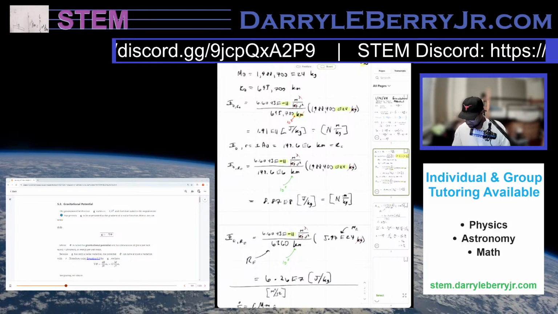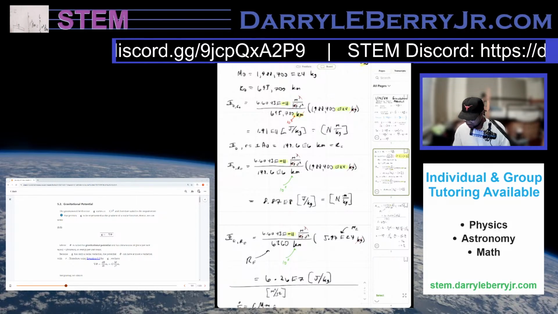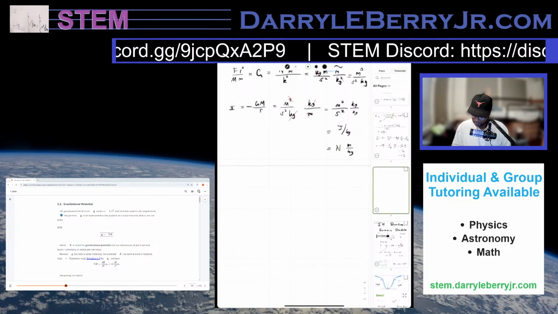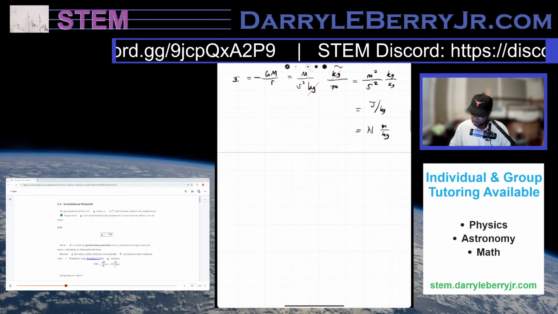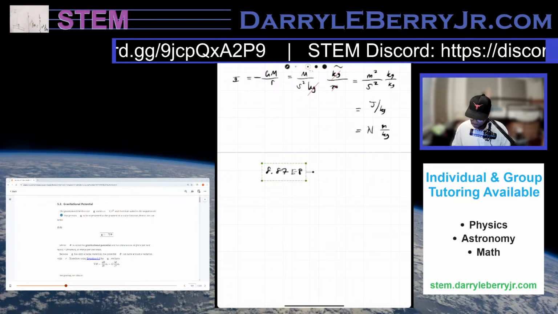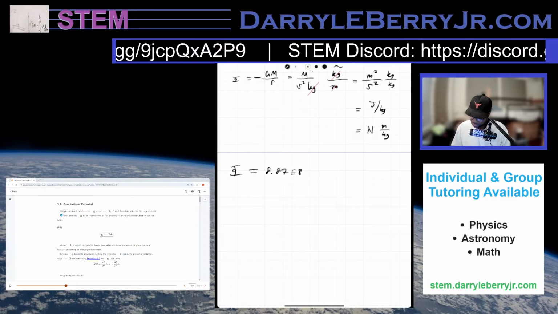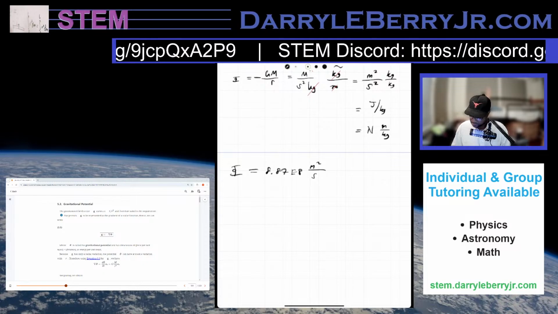So this should be the value for the sun at the Earth's surface if I'm picking the right one. So it equals meters squared over second squared.